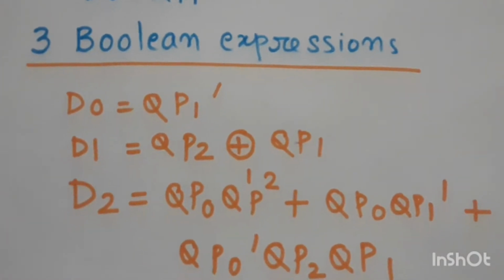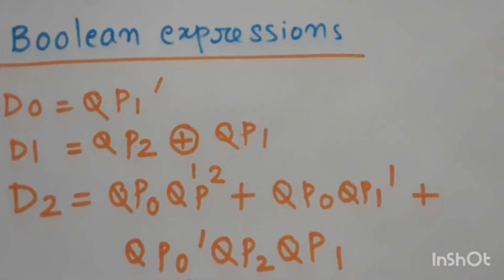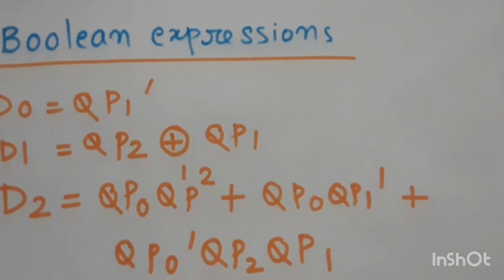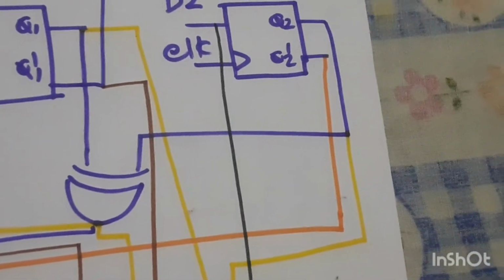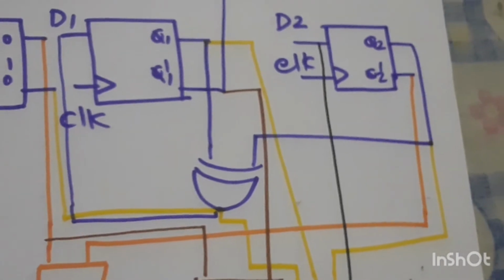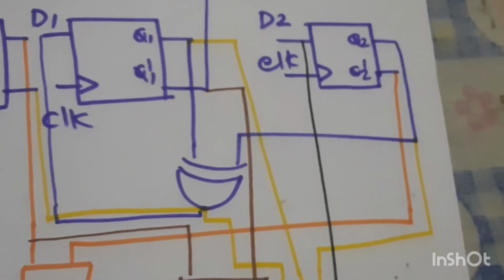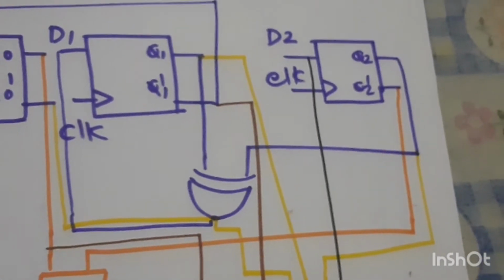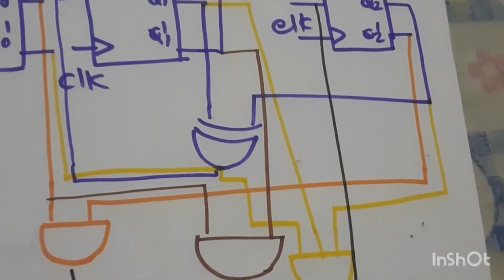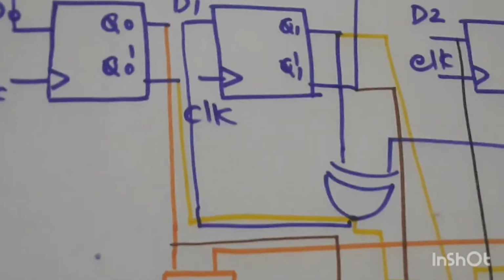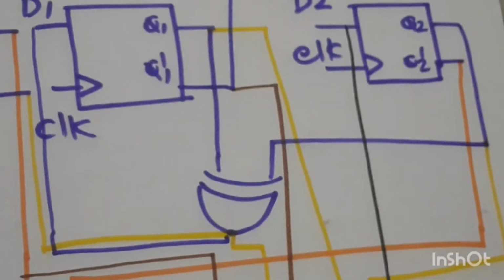Second one is D1, QP2 exclusive OR QP1. That is Q2 and Q1. Both are fed to the exclusive OR, and output of the exclusive OR, can you see, is going to D1.